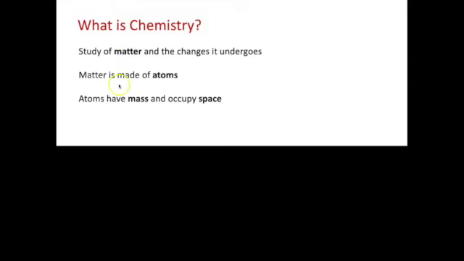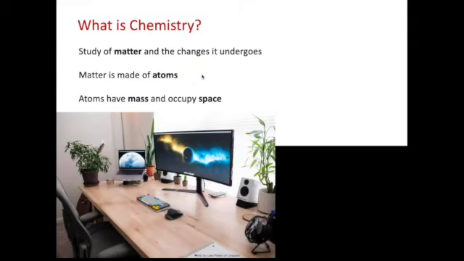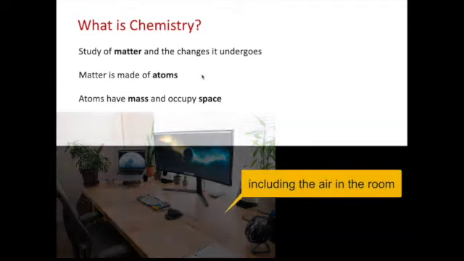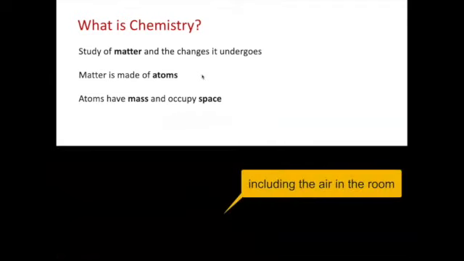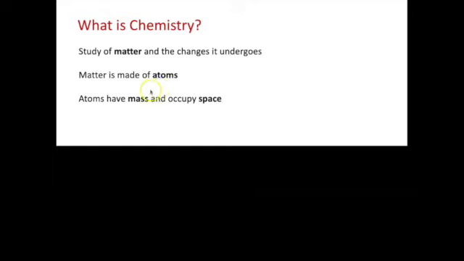Matter is everything in the universe that's made out of atoms, which is basically everything you can see on the macroscopic level, like your computer, your smartphone, if you have that right in front of you, the table you're sitting at, your chair you're sitting on, and then even things you can't see, like the air in the room. So that's everything that you can see and not see except for energy.